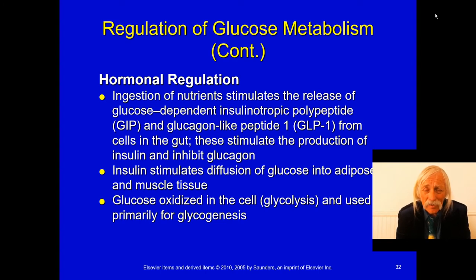And glucose oxidized in the cell, that is the glycolytic pathway, also should be occurring. And then that's used primarily in the liver. You can use that glucose for glycogenesis, but not for gluconeogenesis, but for the synthesis of other carbohydrates, such as those used in glycoprotein biosynthesis.